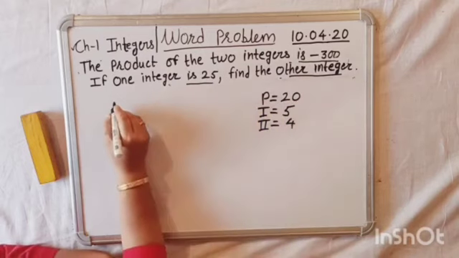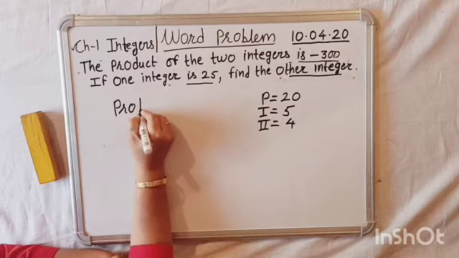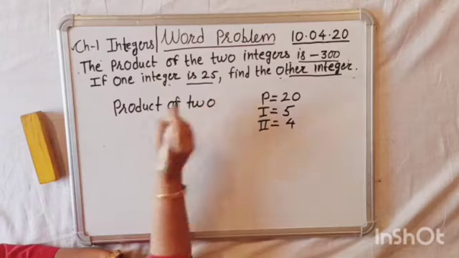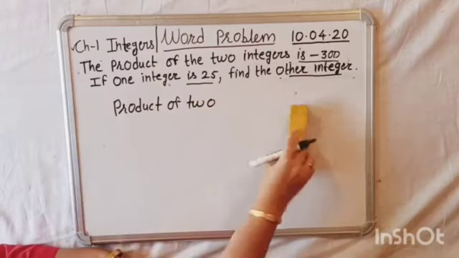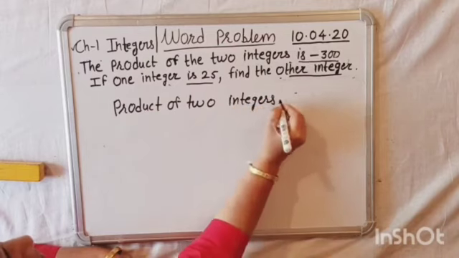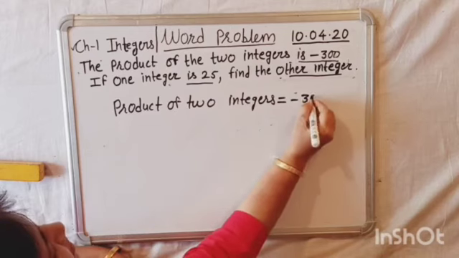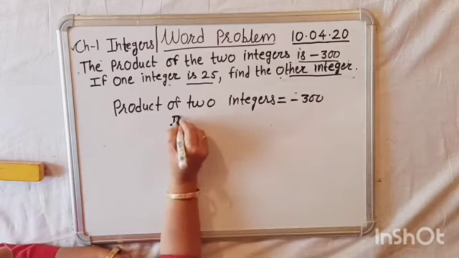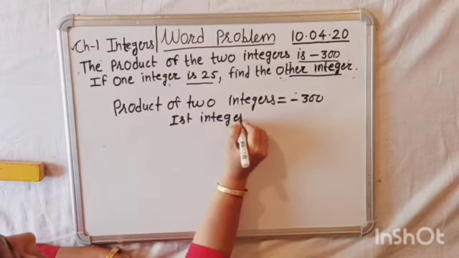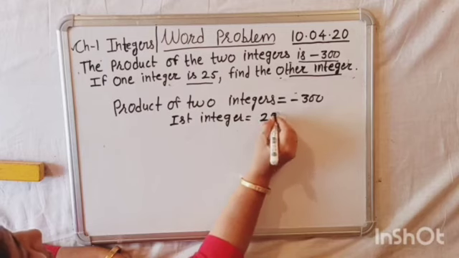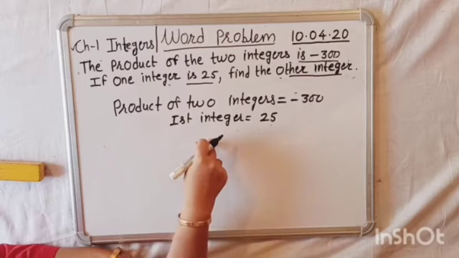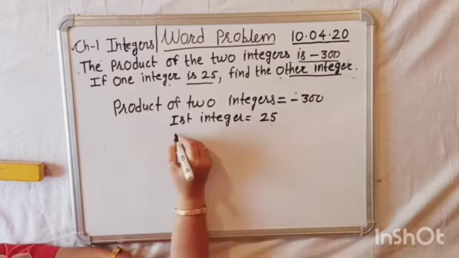Okay. So write here the product of two integers is minus 300 and the first integer is 25, and the second integer which you are going to find, consider it as x.